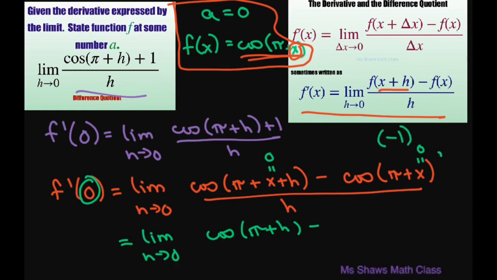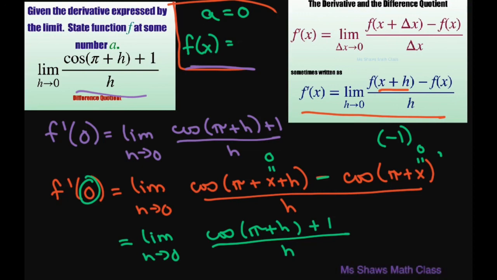So it's going to end up being +1 because it's minus a negative, all divided by h. So you could also do it this way, and I want to rewrite this real quick. So we're letting f of x equal cosine of pi plus x. So this would be your answer here.